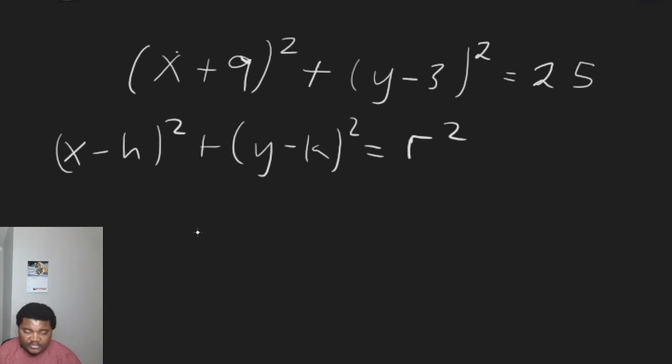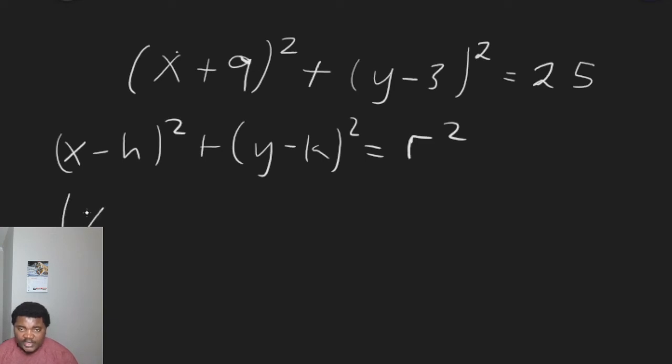If you compare the formula to the equation, you will know that h is 9 and k is 3 and r squared is 25. So that is simple. You could just plug it in.